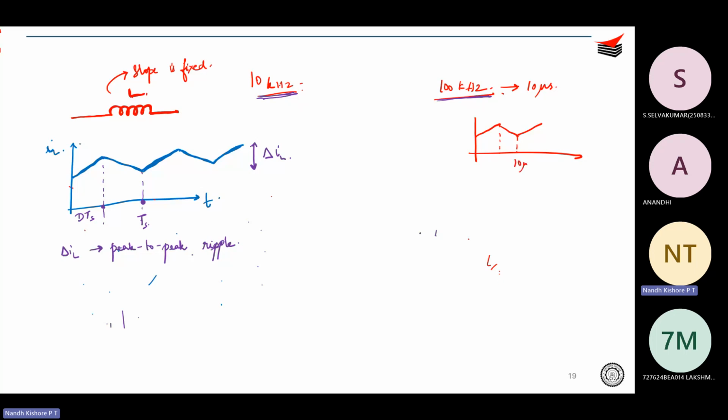So this is 10 microseconds. Let's say this is 5 microseconds. For 5 microseconds it will increase, for 5 microseconds it will decrease, and the slope is kind of like this.